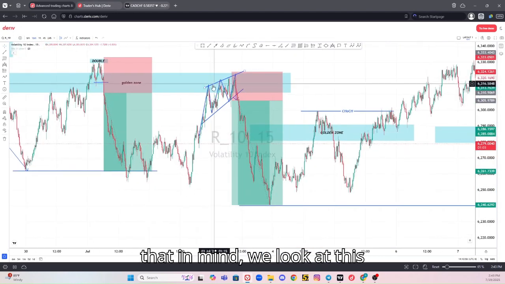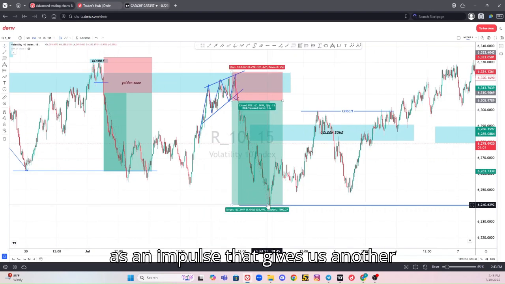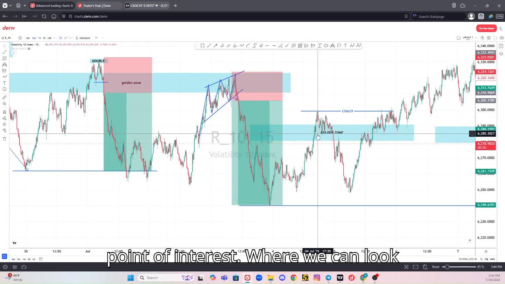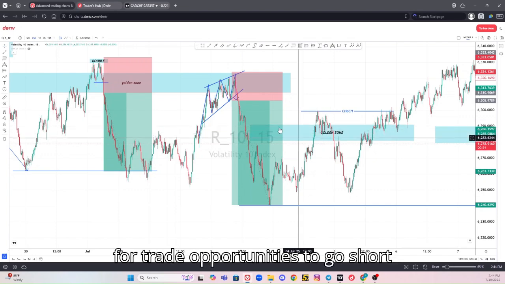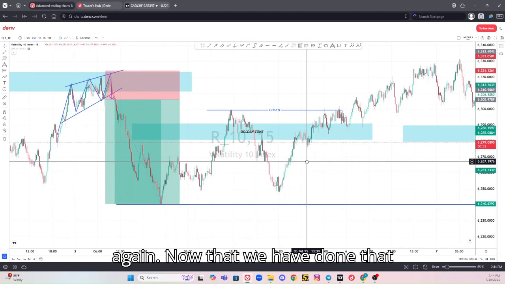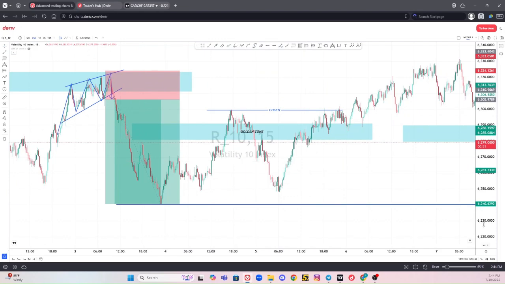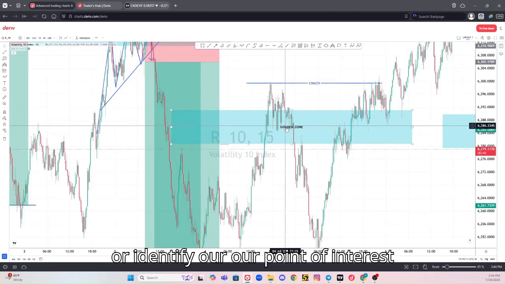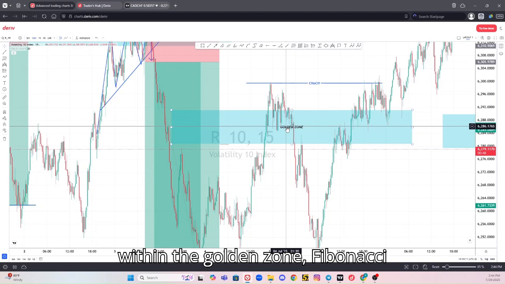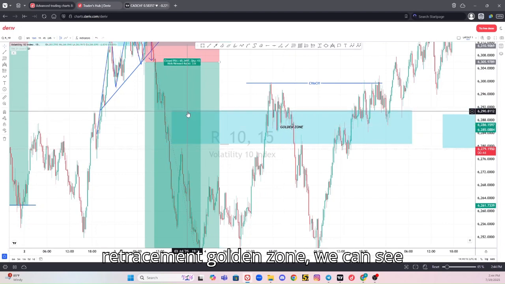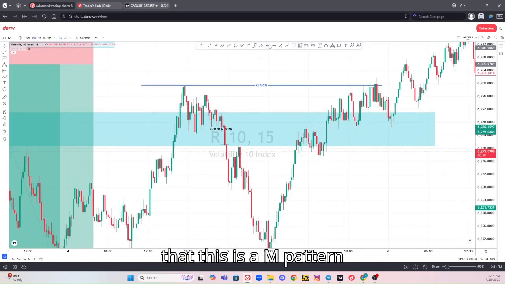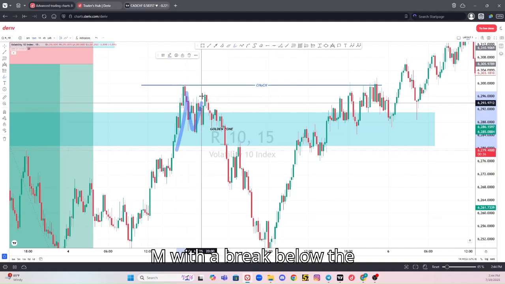With that in mind, we look at this as an impulse that gives us another point of interest where we can look for trade opportunities to go short again. Now that we have identified our point of interest within the Fibonacci retracement golden zone, we can see that this is an M pattern again, right here, with a break below the neckline.